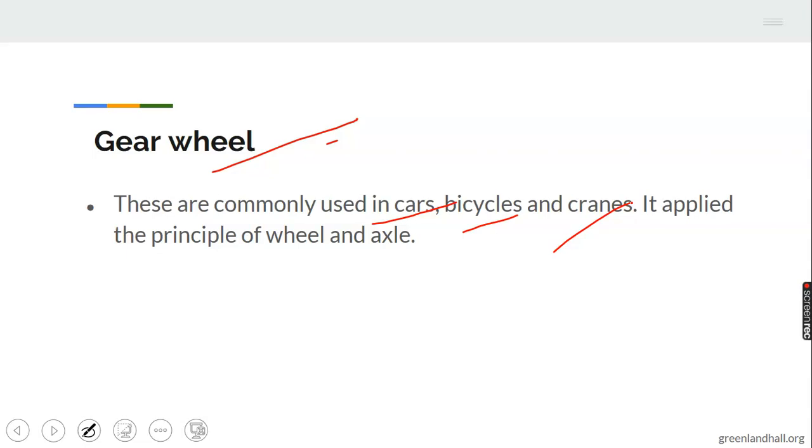It also applies the principle of a wheel and axle. Because it's a wheel, it has an axle or small axle also. So we use it very well, also at home and in other places.